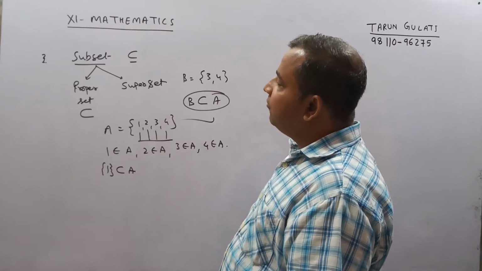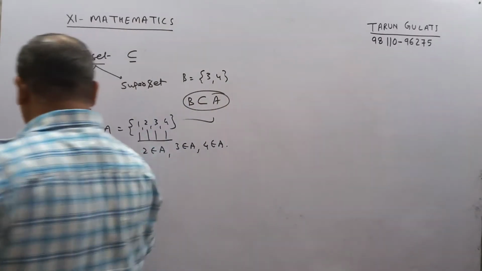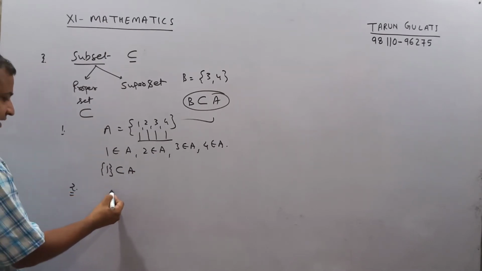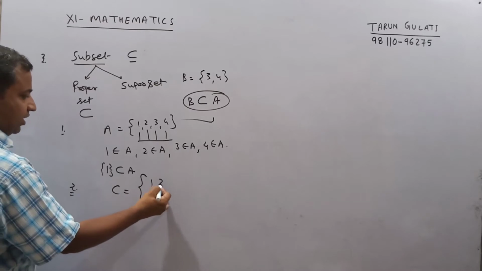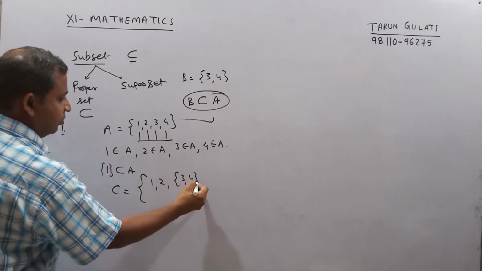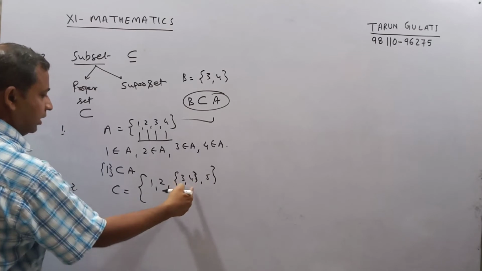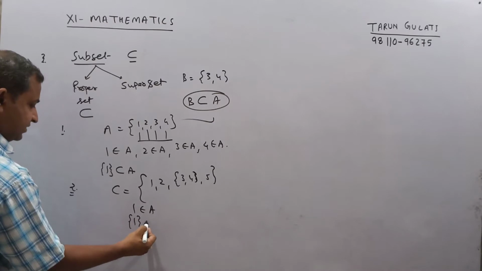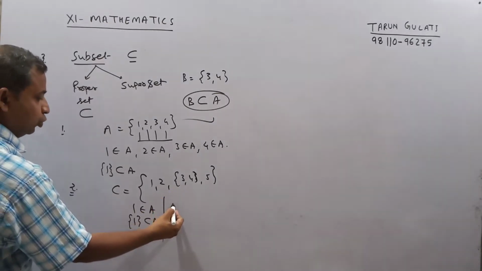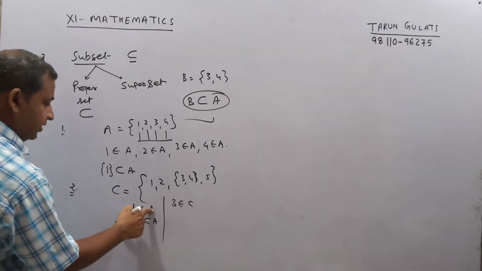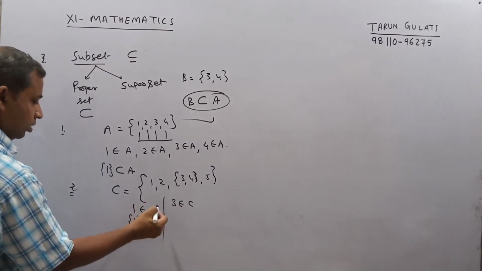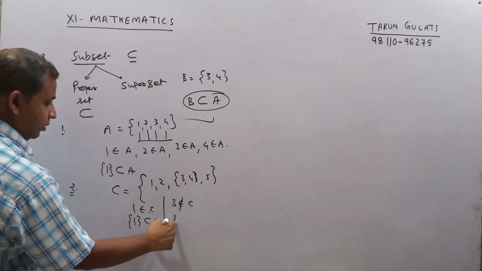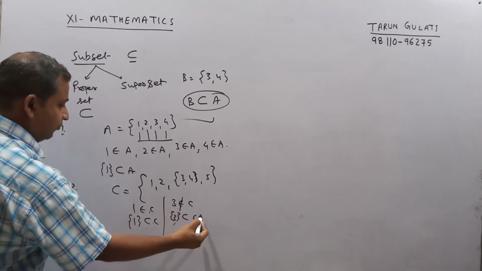So I suppose the meaning of subset is clear to everyone. And we should take one more example to clarify this. Say we have a set C. The set C is 1, 2 and 3, 4, say 5. It also has a curly bracket here. Here 1 belongs to set C. Yes. Is 3 a subset of C?